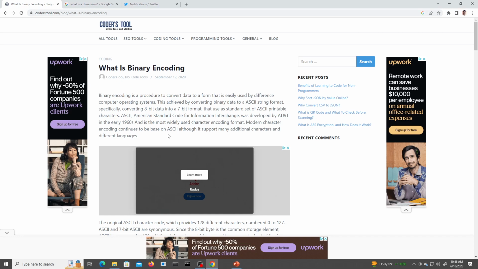So basically, converting data to a form that is easily used by different computer operating systems. Obviously, it's misspelled there; it says "difference." It's basically making code that is more readable by computers, depending on what base the computer's code is in.